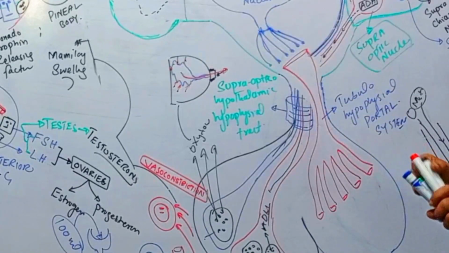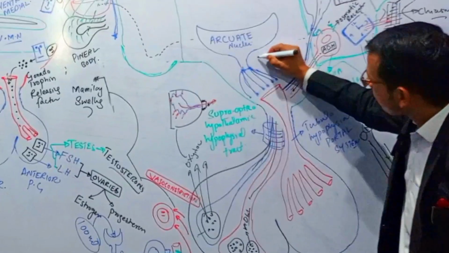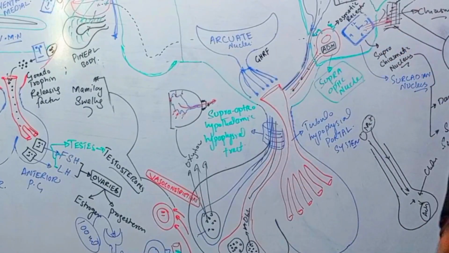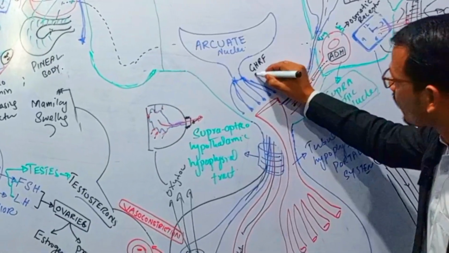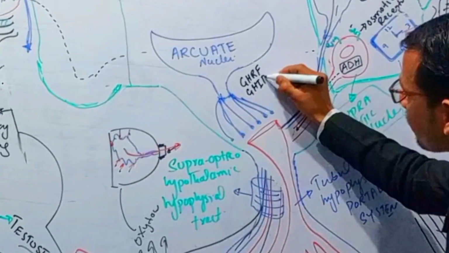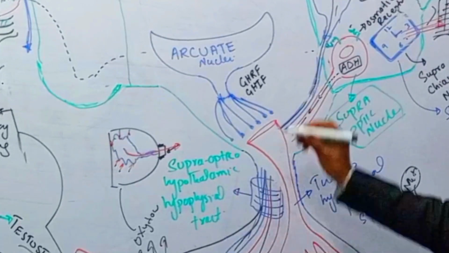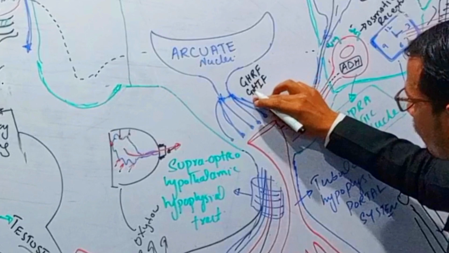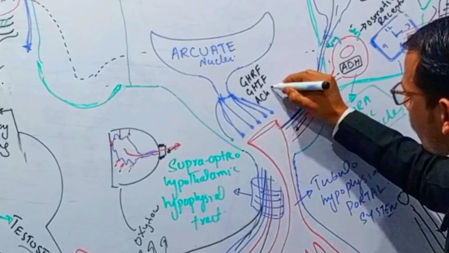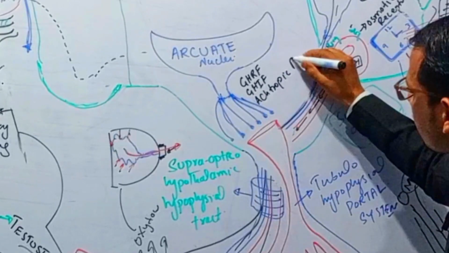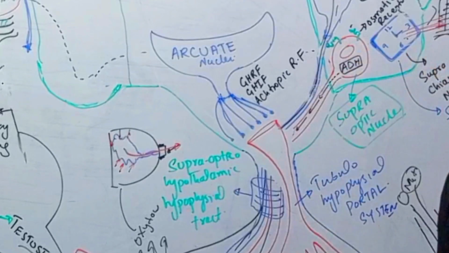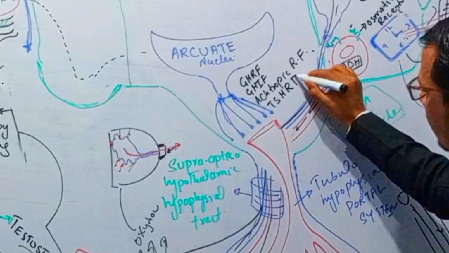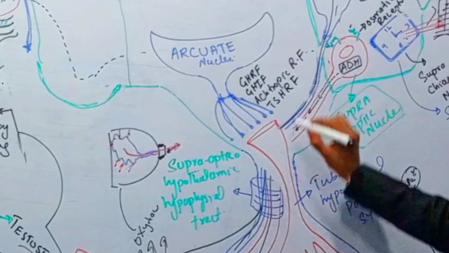This nuclei is responsible for producing growth hormone releasing factor first, second growth hormone inhibitory factor, right? Next adrenocorticotropic releasing factor, thyroid stimulating hormone releasing factor, right?